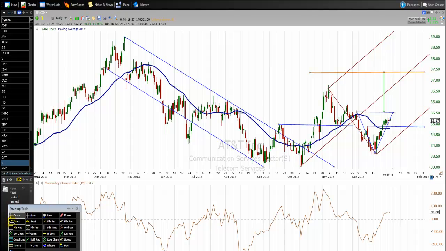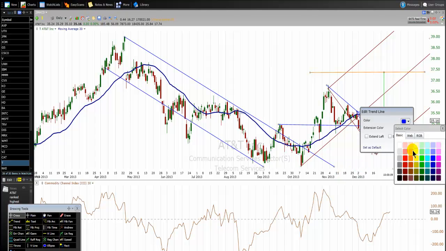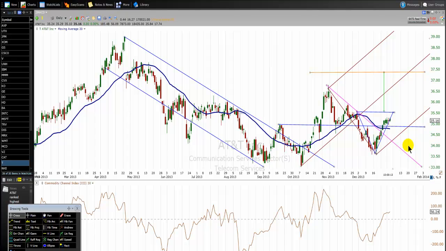Attention please, day traders: you want to work with the market pattern, not the price pattern itself. Though we have another bearish trend line here, which I'm going to color pink.